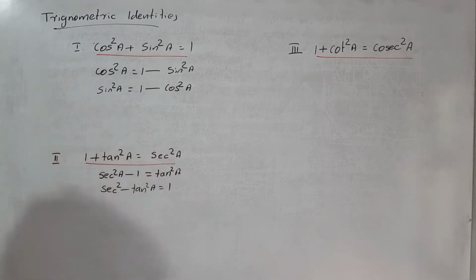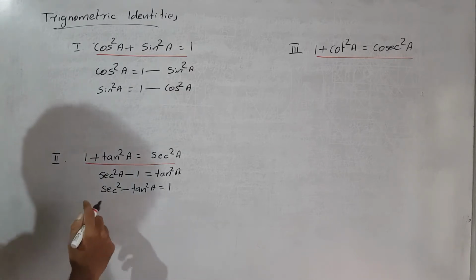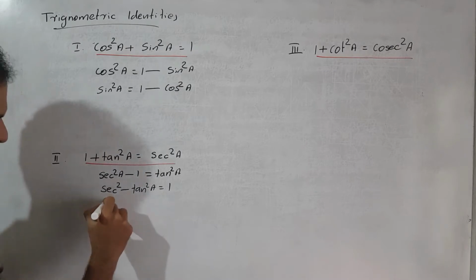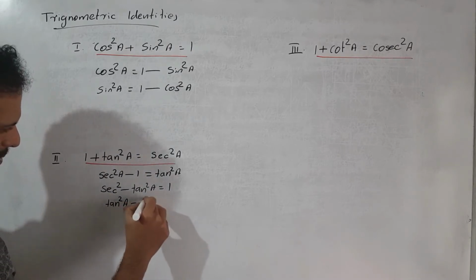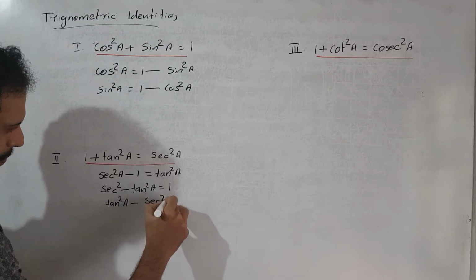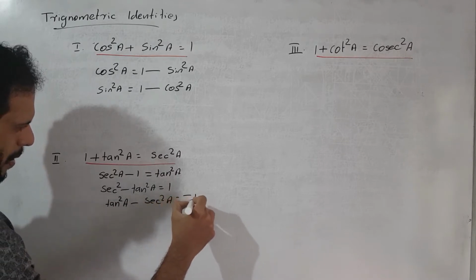We get one more result that is also important: tan square A minus sec square A is equal to minus 1.